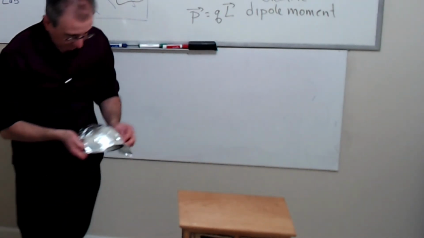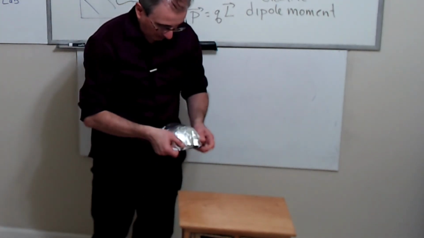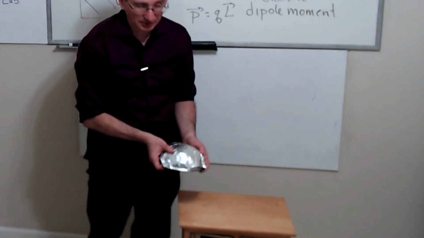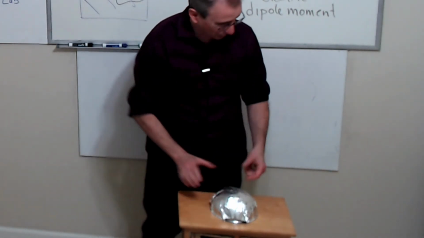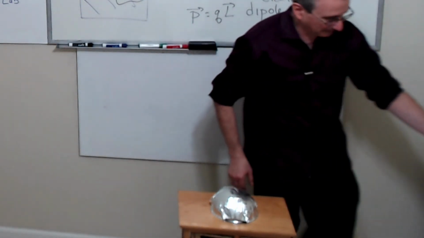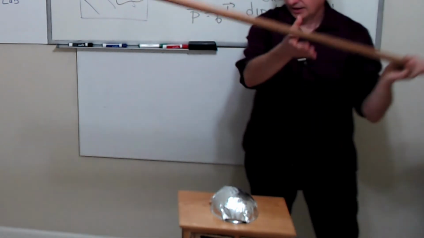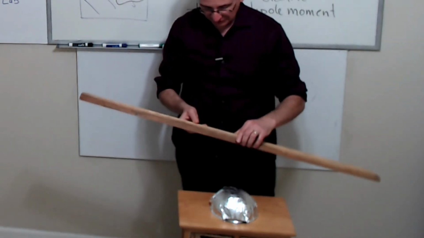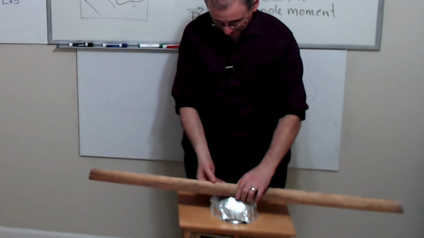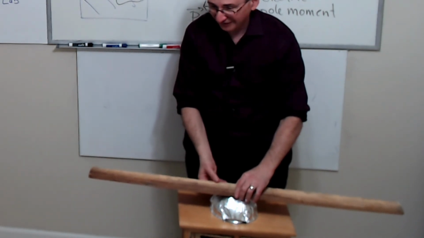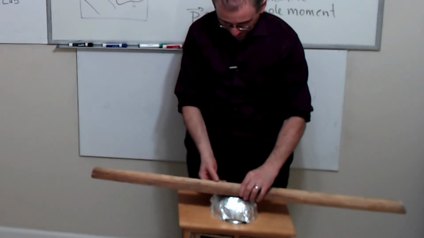Usually if I'm on campus, I can get a Petri dish to do this, but I wasn't able to get a Petri dish. So I have basically a strainer that I put upside down. And this is not a 2x4, but it's a 1x4 board. Let me balance it.